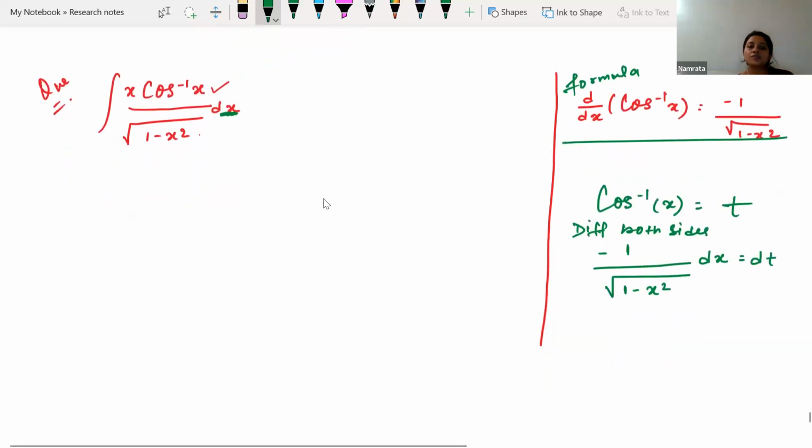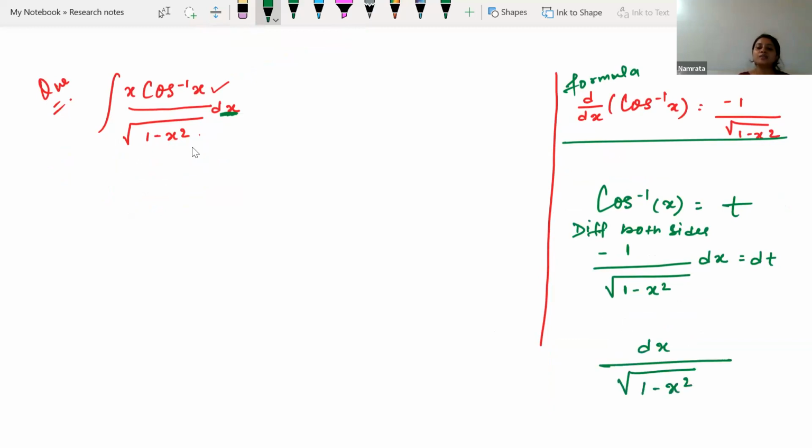So dx by under root 1 minus x square can be written as minus dt. Now let's do the substitution. x also we need to change in terms of t.